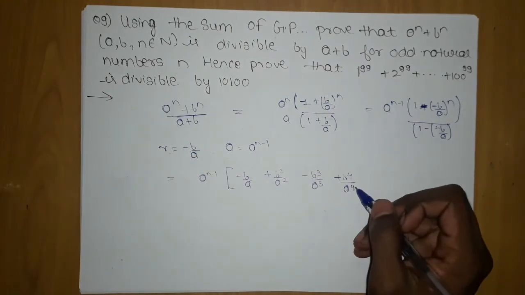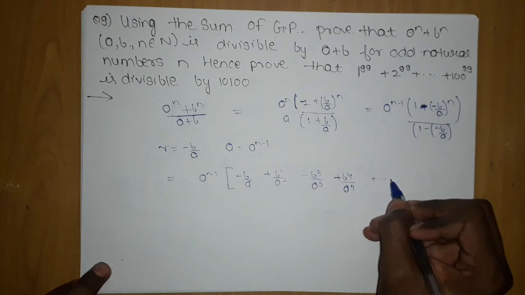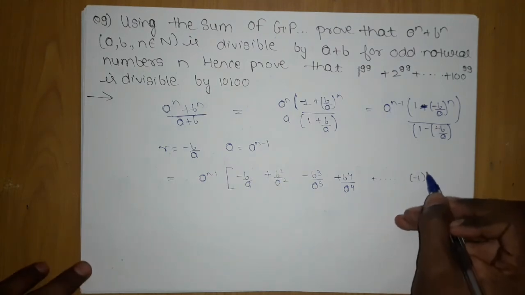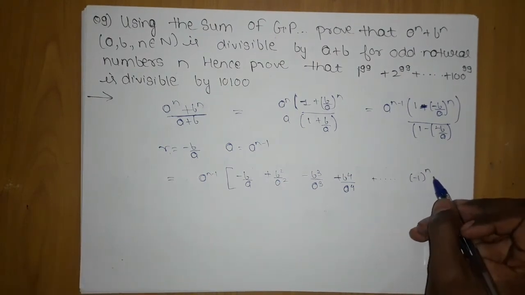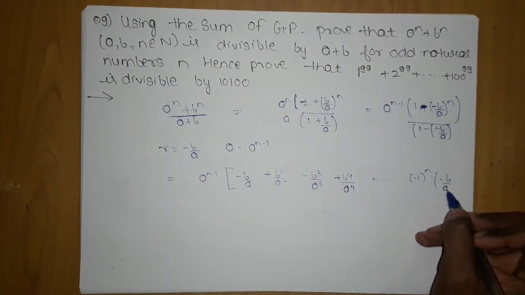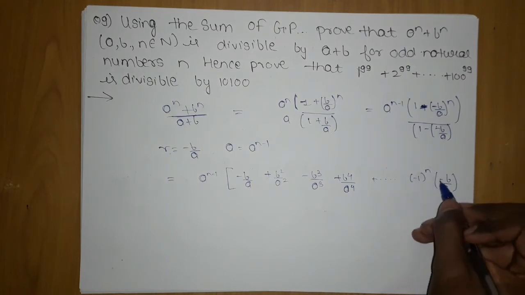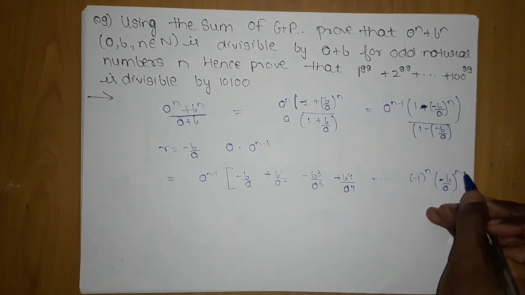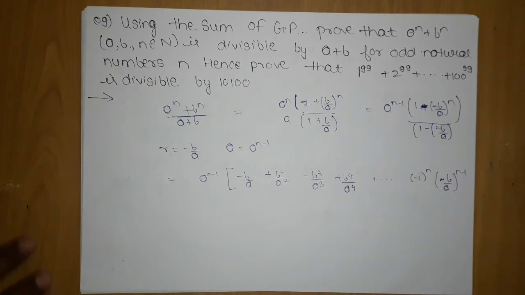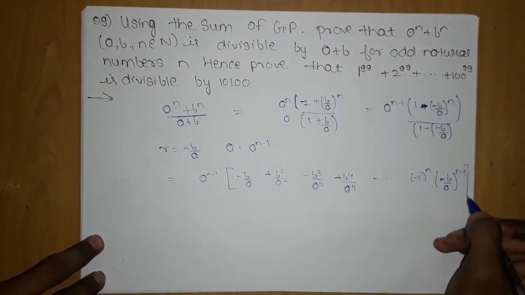Then we reach minus 1 power n, where n is odd, minus b by a power n. We have just taken 1 here, then n minus 1.